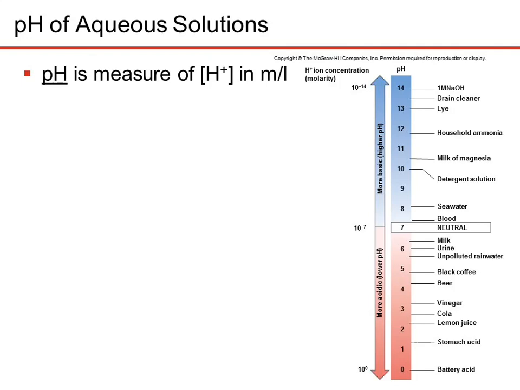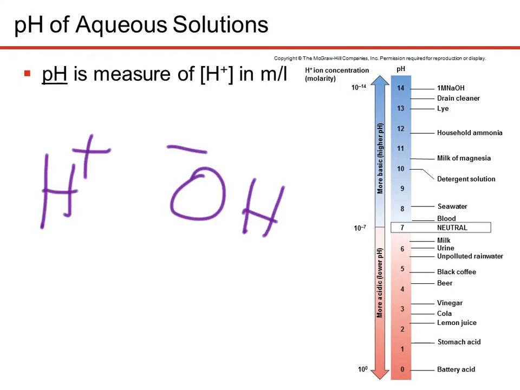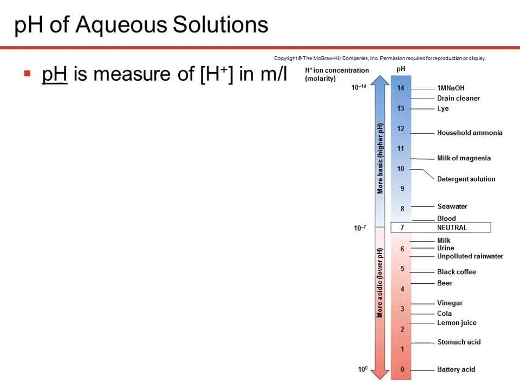What's water made of? Hydrogen and a hydroxyl. A hydrogen looks like this, and a hydroxyl looks like this. They come together and they form H2O. So in ultra pure, the highest purity water, if we could get there, it should be right around neutral. In this building, it's about 6.4, 6.5. So we're getting close to there in this building.